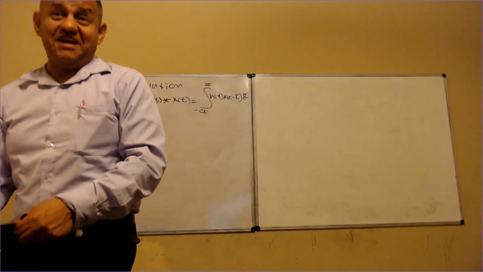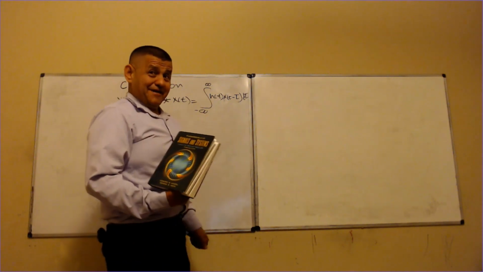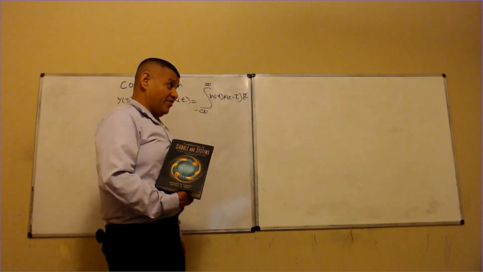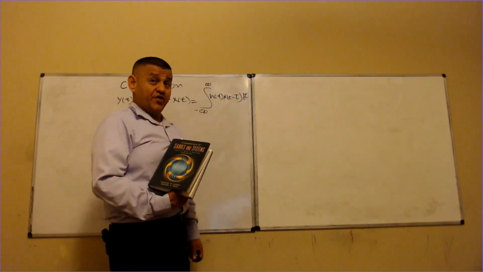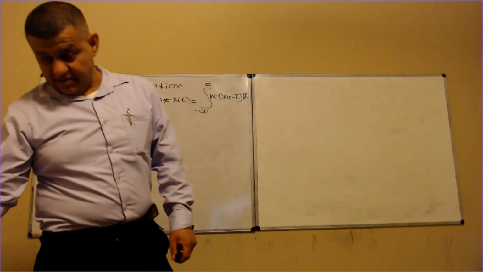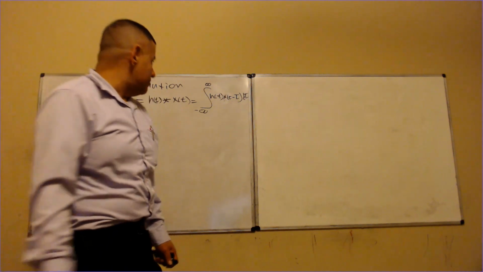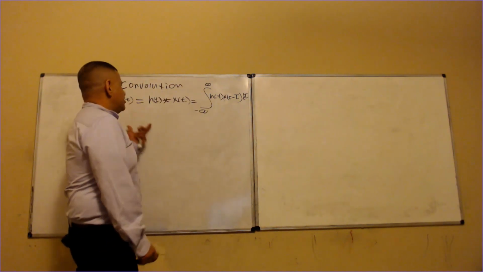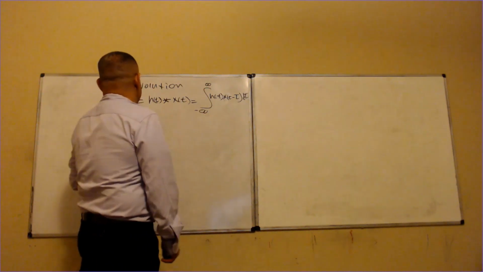Instead of a book like this, where you have a teacher that doesn't help a lot, I would recommend a book for dummies. Signals and Systems for Dummies will help more. But anyway, this is the definition of the convolution.